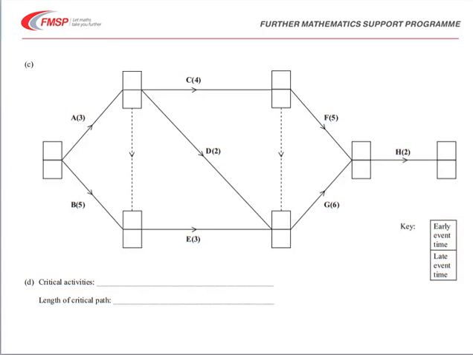In part C, we are to complete this diagram, which is in the answer booklet, with early event times and late event times. So what we need to do is to perform what's called a forward pass, starting at this position here with a 0, and then looking at each of the events in turn. Now when we're going forwards, we want to look at the largest weight, or the longest path going forward.